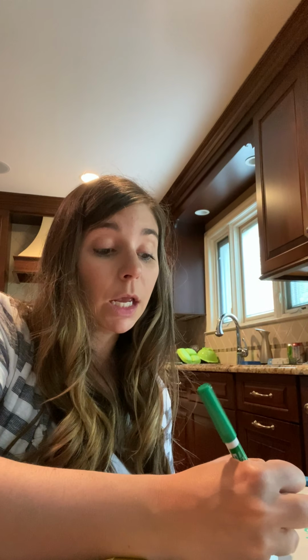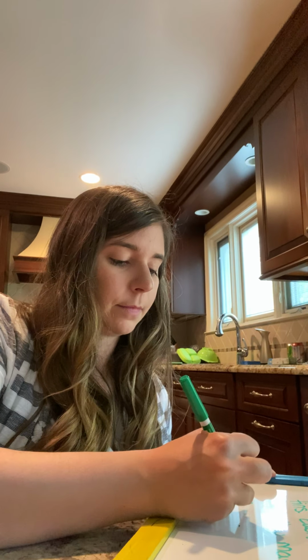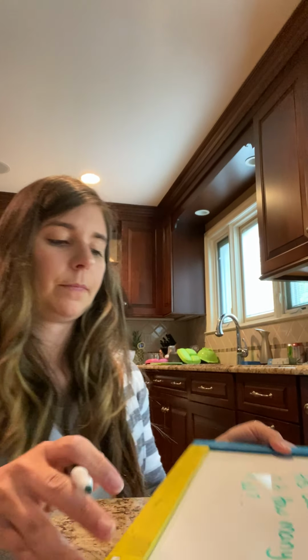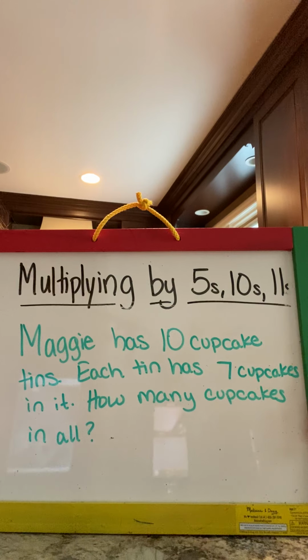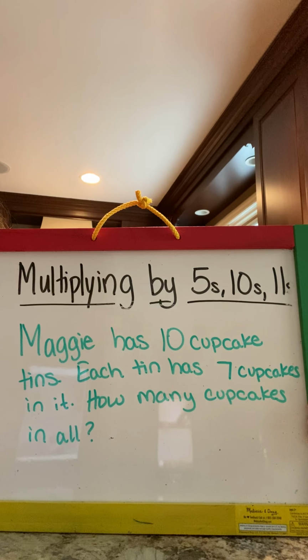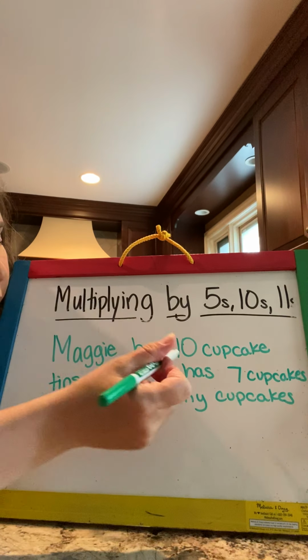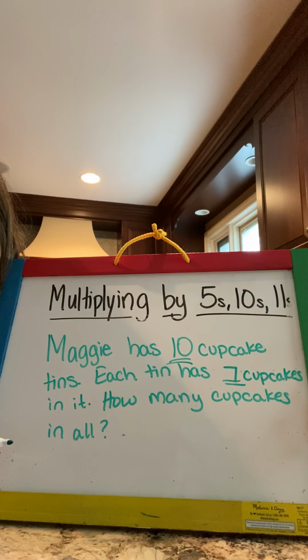How many cupcakes in all? Okay, here we go. It says Maggie has 10 cupcake tins. Okay, each tin has 7 cupcakes in it. How many cupcakes in all? So here you're multiplying 10 and 7.